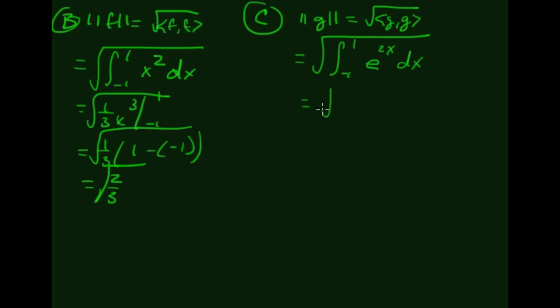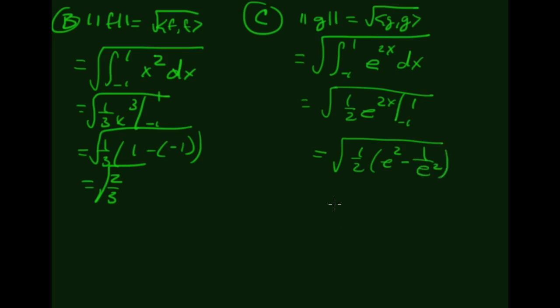So that's going to give me 1/2 e to the 2x from negative 1 to 1, which is 1/2 times e squared minus 1 over e squared. So, I don't know, let's see, can we simplify this some? e squared over 2 minus 1 over 2e squared.